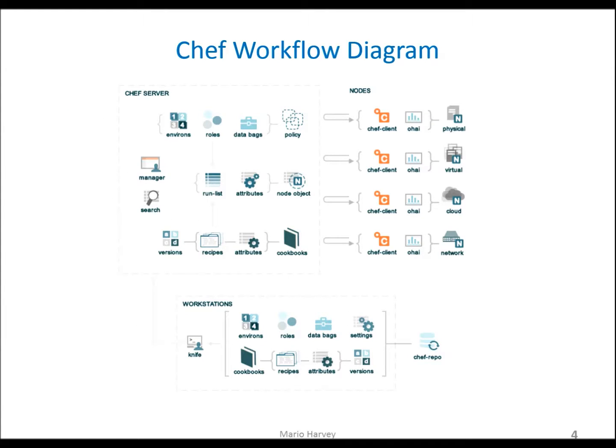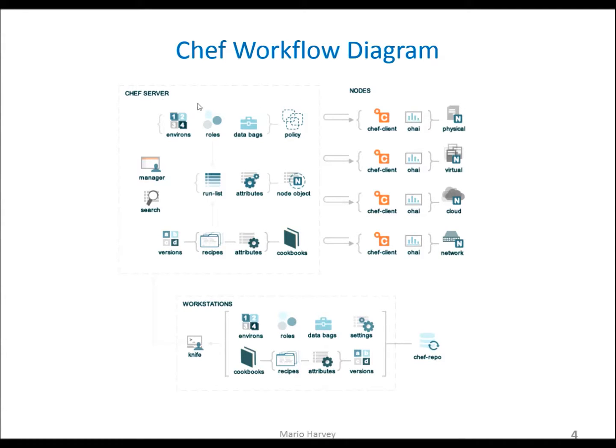Right now, what you're seeing is a Chef workflow diagram, and it's kind of busy, but the main thing I like to take away from this diagram is that things start here in a repo. This is where all your code is. This little guy uses knife, which is a tool, to interact with this box here, the Chef server.